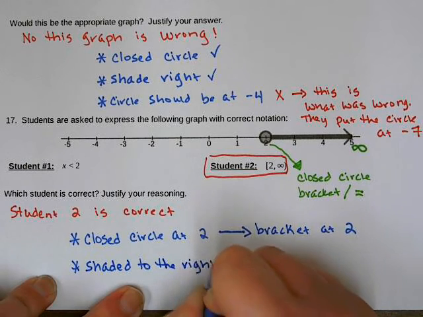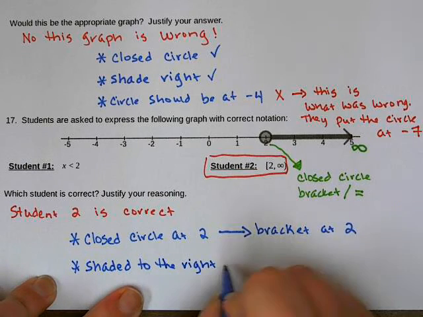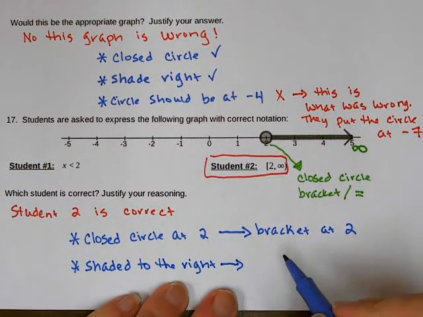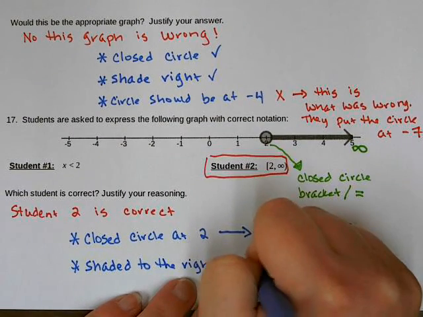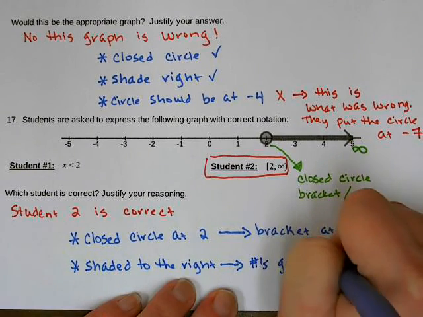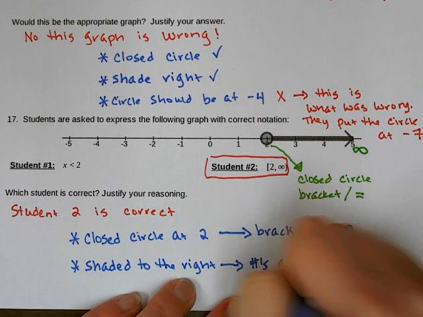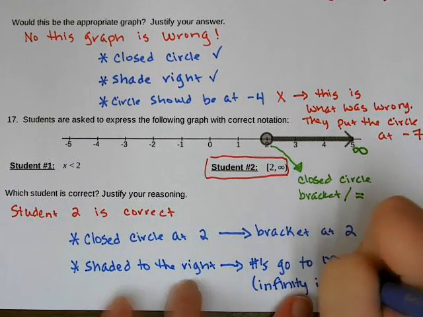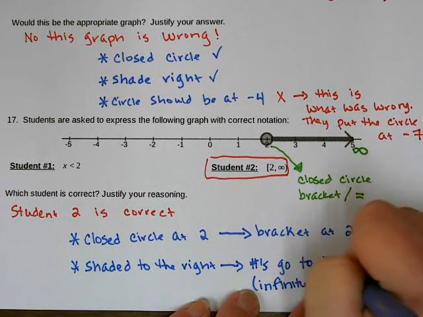On the graph, that's what we were given. It was shaded to the right. So what that means is we want the numbers to go towards infinity. So the numbers go to infinity, which really means infinity is in the interval or is part of your interval.